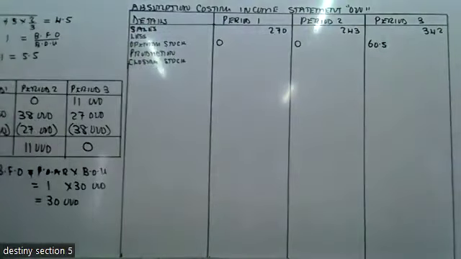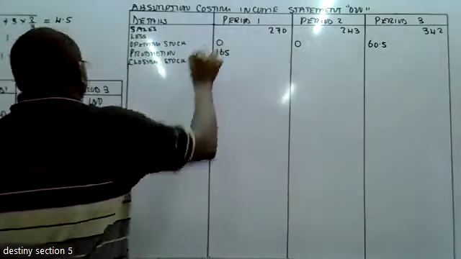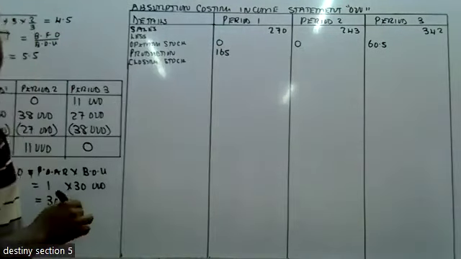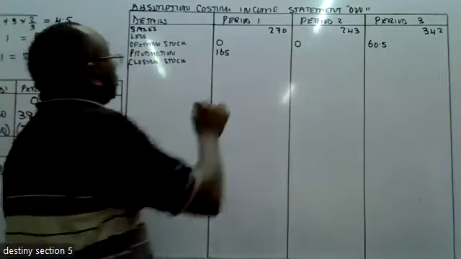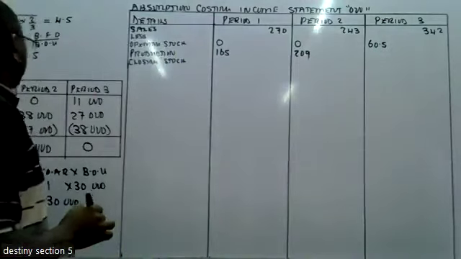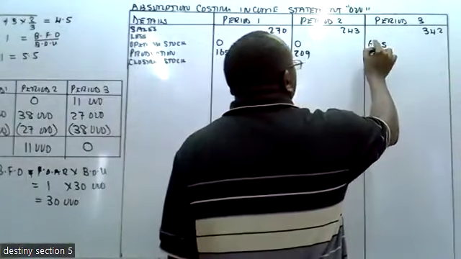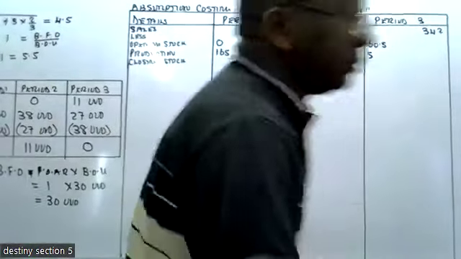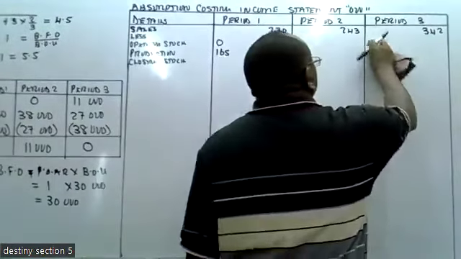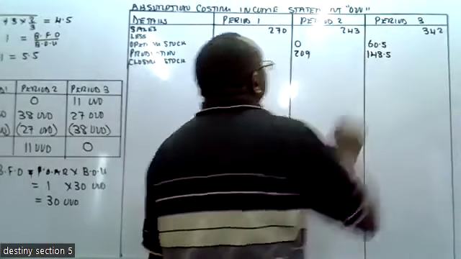Production, now every unit is valued at 5.5. So the material, 30 times 5.5, 165. 38 times 5.5, 209. 27 times 5.5, 148.5.